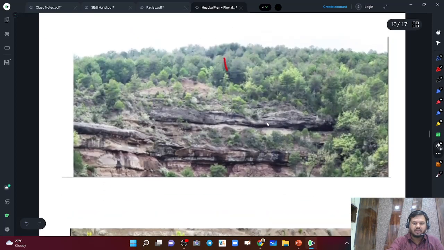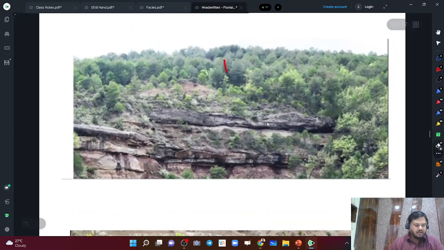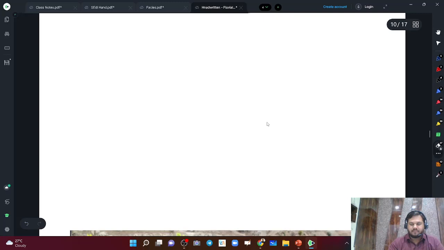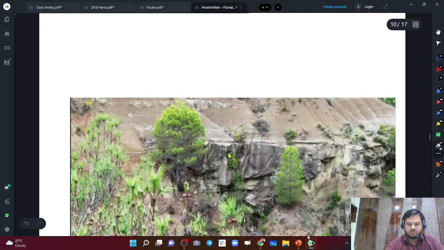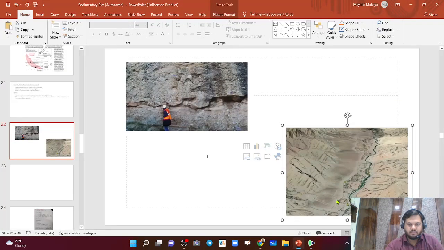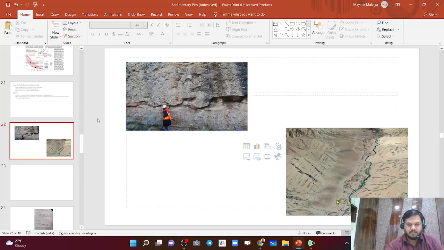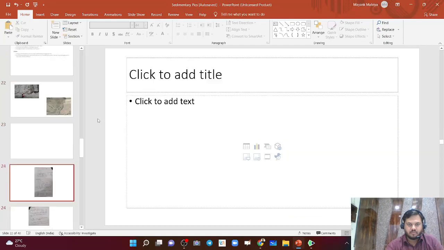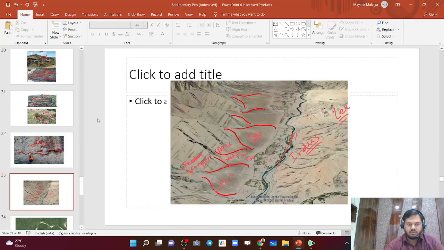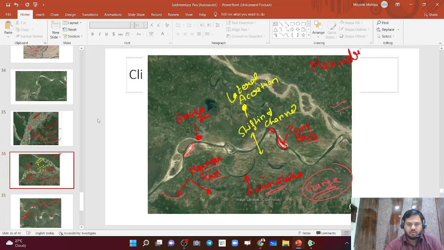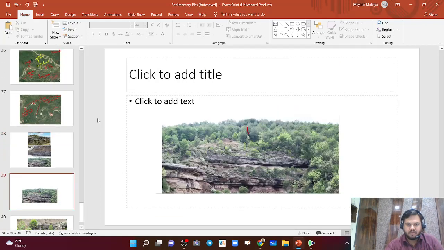Okay, so this is again a photo of a fluvial system, again a fluvial setting. Why is it so evident that it is fluvial?